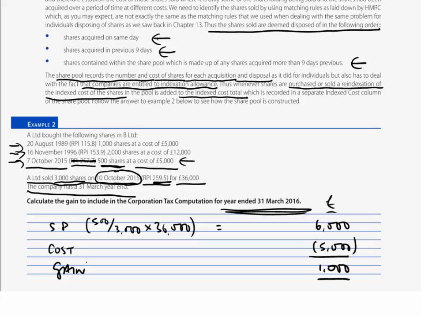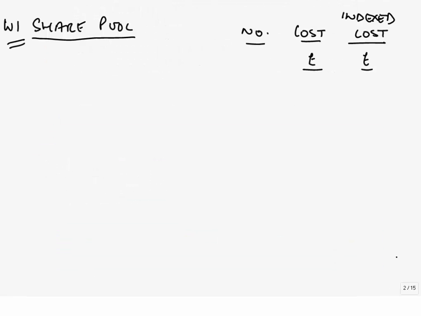And having identified that, out of the 3,000 shares sold, the remaining 2,500 shares we have sold must have come from the share pool. That therefore means that it is now the share pool working that we will need to put together. So, let's move on and construct that share pool.